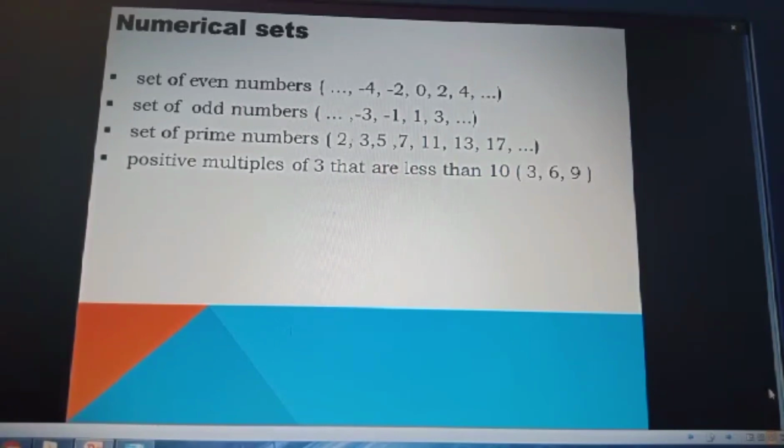Set of odd numbers: -3, -1, 1, and 3. Set of prime numbers: 2, 3, 5, 7, 11, 13, and also 17. Positive multiples of 3 that are less than 10: 3, 6, 9.